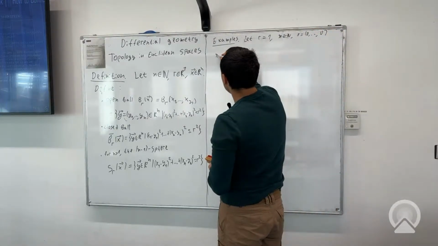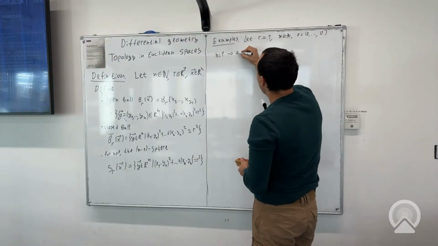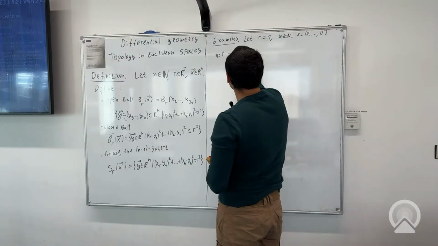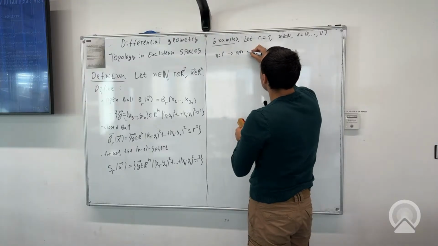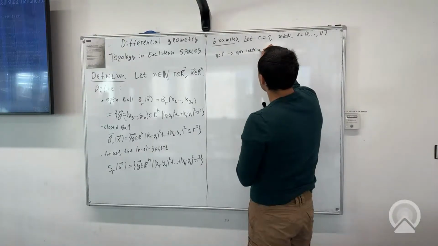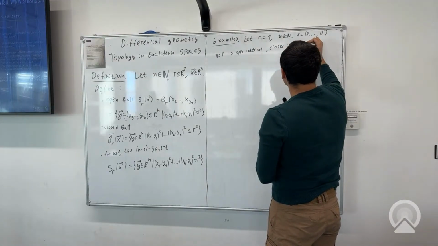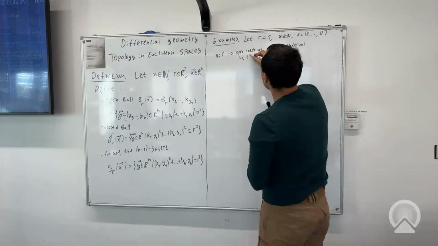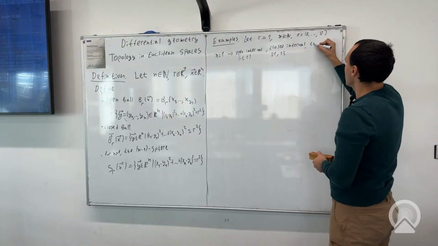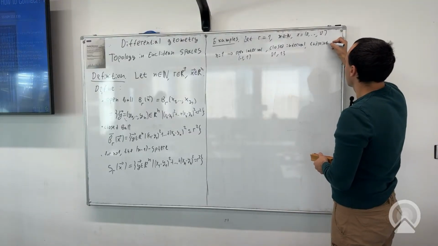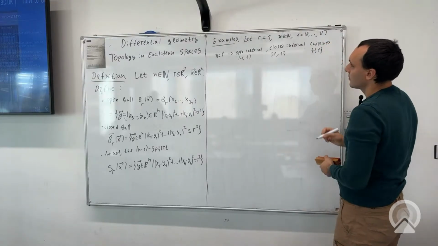So when n equals 1, we have an open interval, a closed interval, and the open interval is (-1, 1), the closed interval is [-1, 1], and the sphere is the endpoints. This is only 2 elements, -1 and 1.